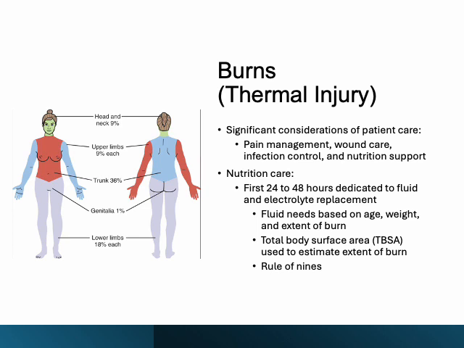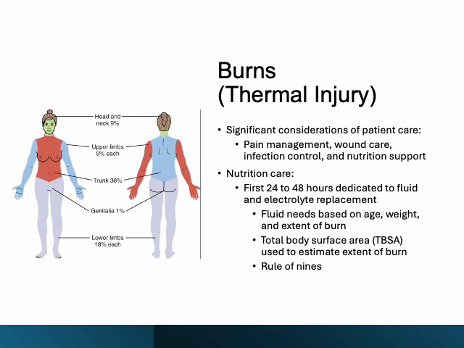The fluid needs are based on age and weight and the extent of the burn, and you're also looking at the total body surface area, which is an estimated number that allows us to know the extent of the burn. And you can also use the rule of 9s, and the rule of 9 is that the head is worth 9%, upper limbs are both equating to 9% each.